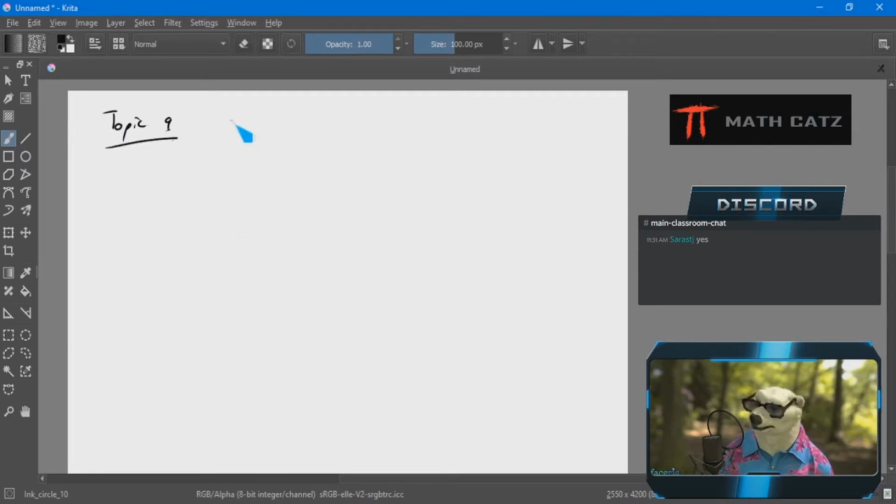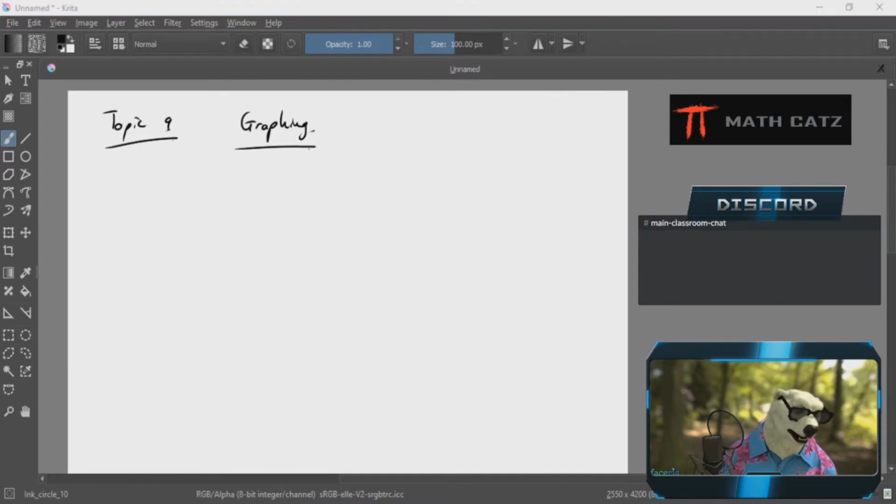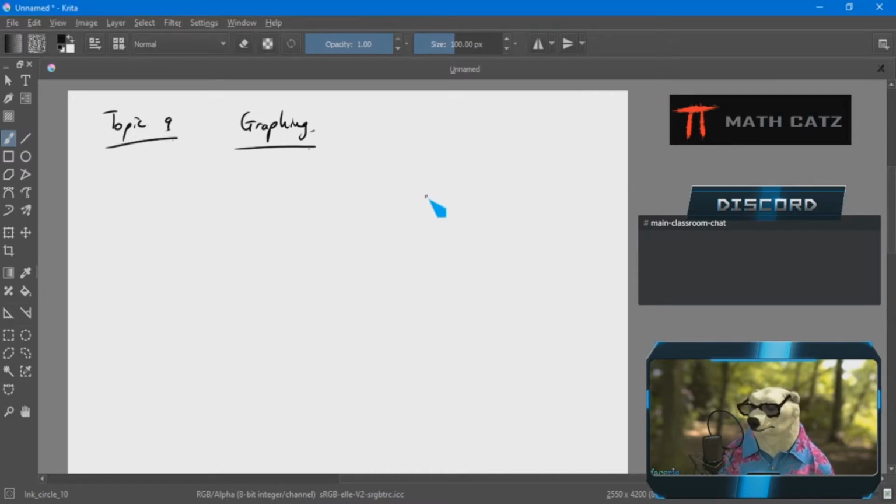Now it's titled graphing, and we're certainly going to focus on graphing functions, but in order to do that, it's really analyzing the function. And in that analysis, we see all the properties of the function, and it's very nice to visualize it by way of graphing.